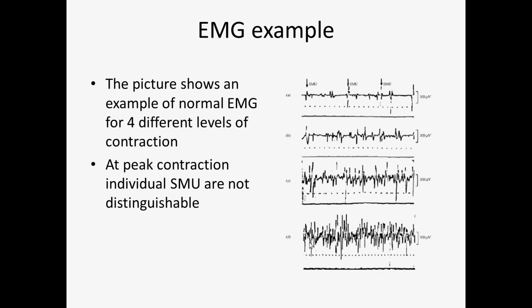Because a muscle, when it contracts, vibrates. You can feel it if you put your finger on your biceps and you exercise a voluntary contraction as strong as you can: you actually feel small vibrations happening inside the muscle.